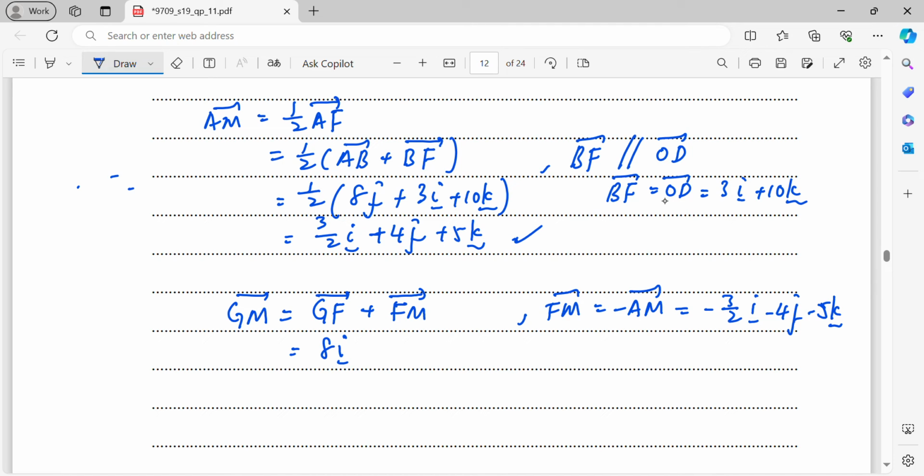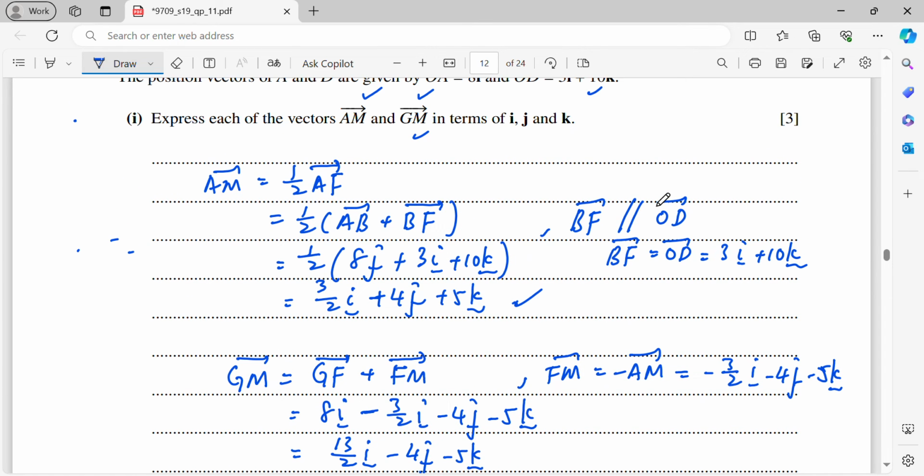Then 8I minus 3 over 2I is going to be 13 over 2I, followed by minus 4J and minus 5K. Okay, so that's all for this first part of the vector question.